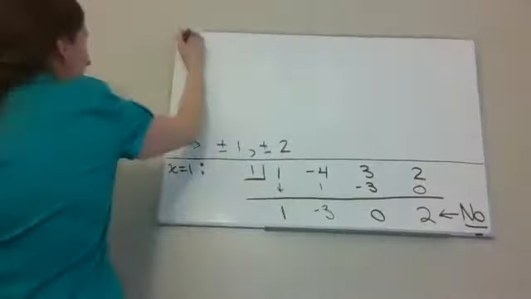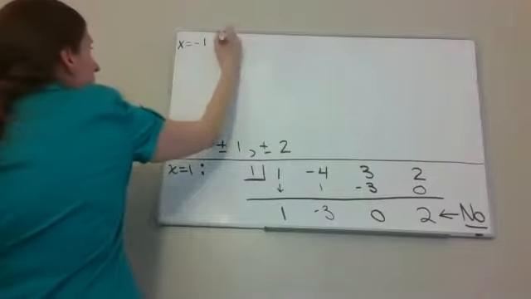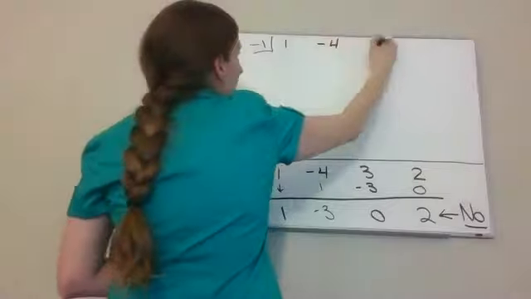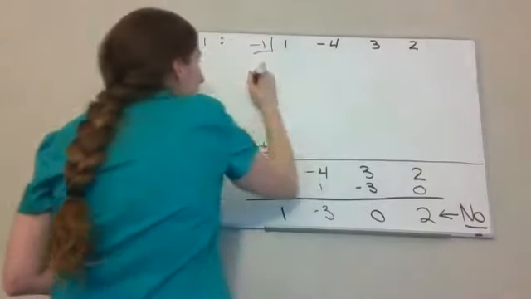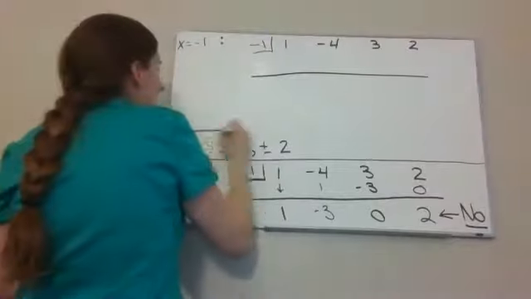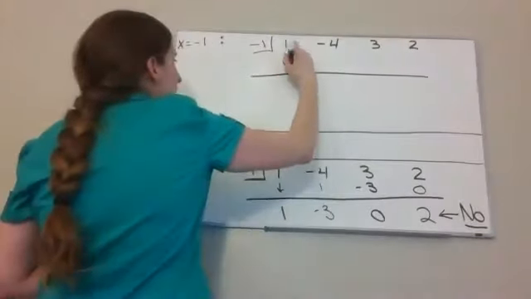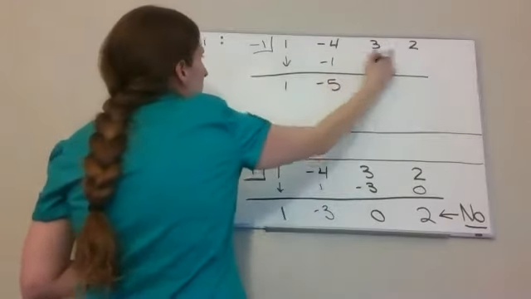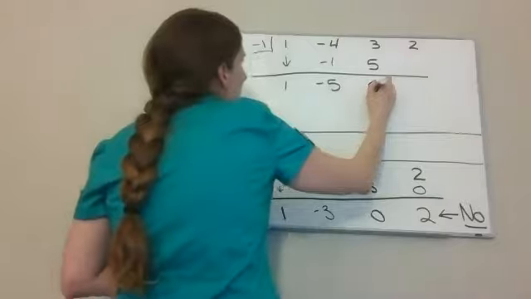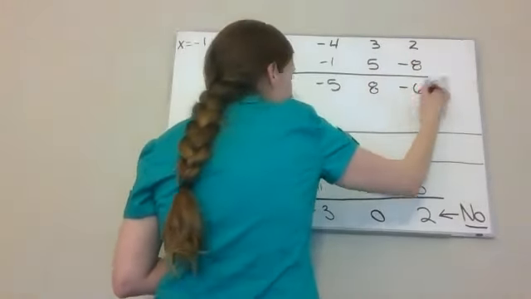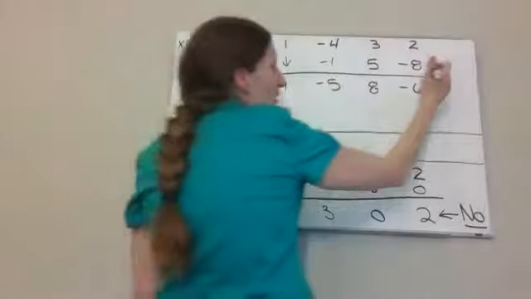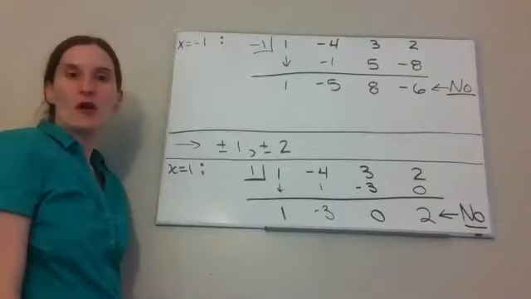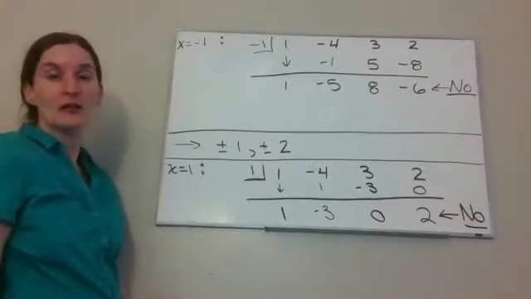So if I try x equals -1, I would put -1 in the box, all of my coefficients, and do my synthetic division. Drop your 1, multiply and add, multiply, add, multiply, and add. And I did not get 0 as a remainder again, so this also tells me no. X equals -1 is not a 0 of this polynomial either.